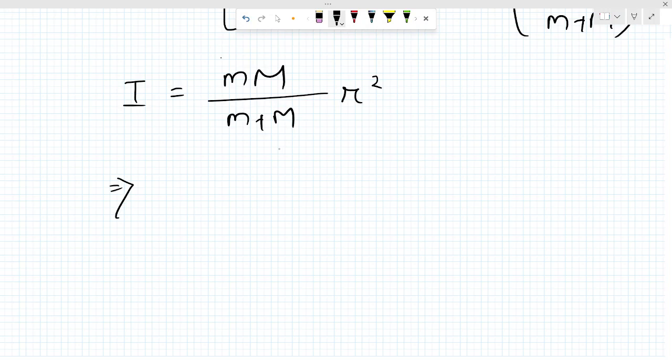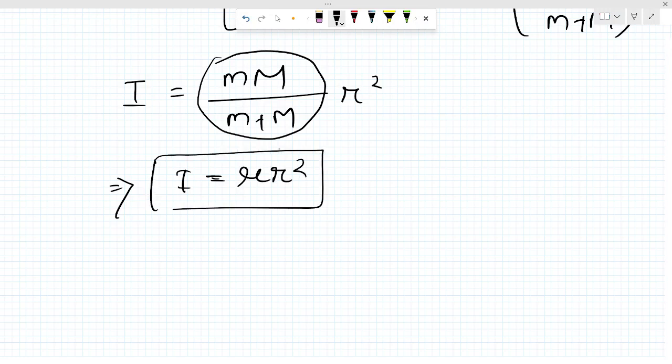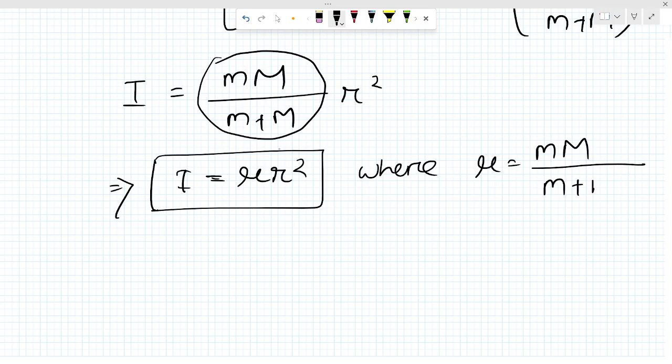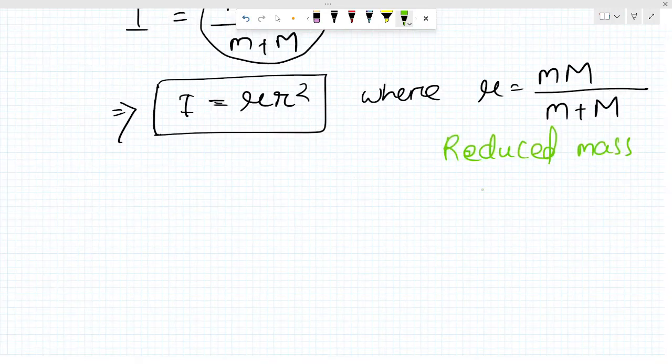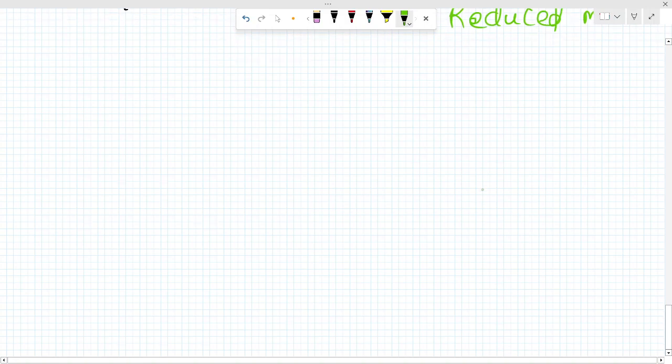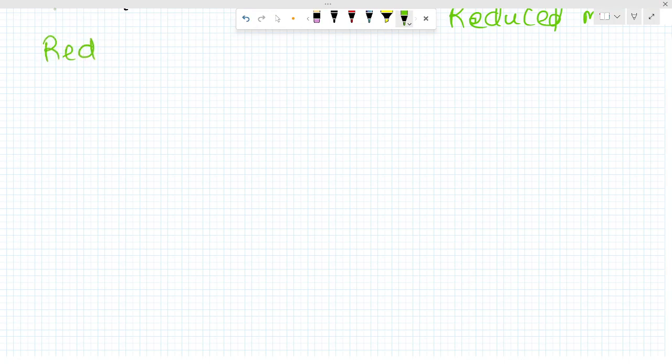So I can write this one as mu into R square, where mu is equal to small m into capital M upon small m plus capital M. Okay, this is the reduced mass. We can call it the reduced mass.